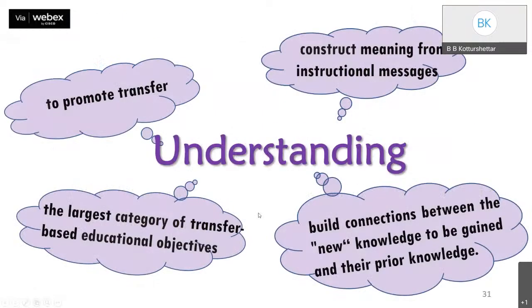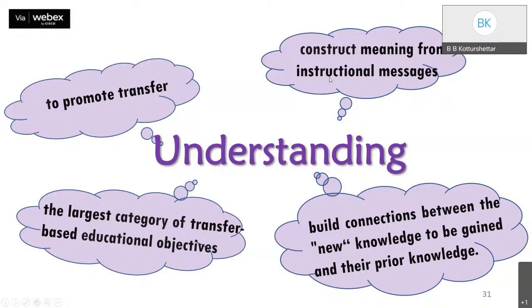Next level is understanding. Understanding is basically to promote knowledge transfer. It is not just about retention, it is about transfer of knowledge. This will help in constructing meaning from the messages.